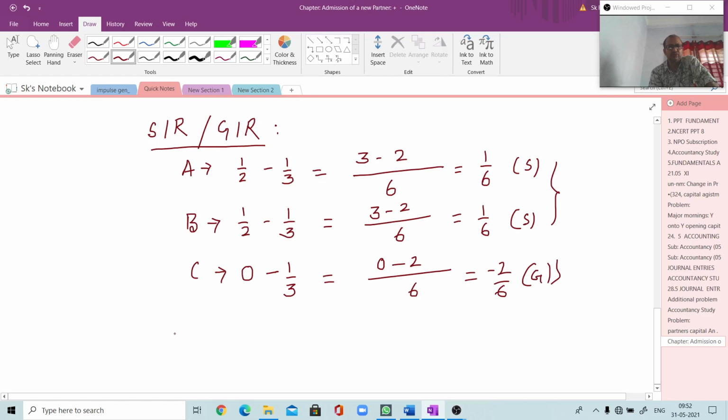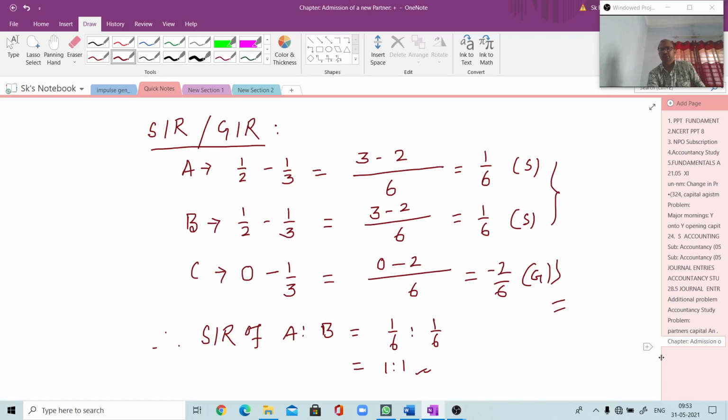If you want to find the sacrificing ratio, the SR of A is to B, as old partners sacrifice, equals 1/6 is to 1/6, or 1:1. So this is SR, and here we can see the gain is 2/6.